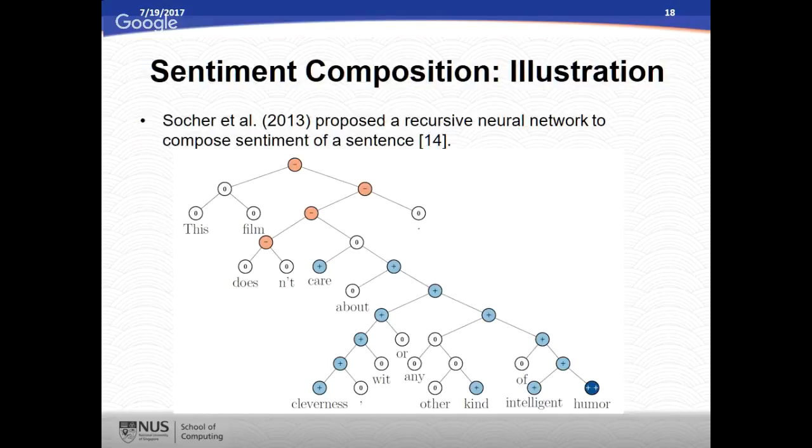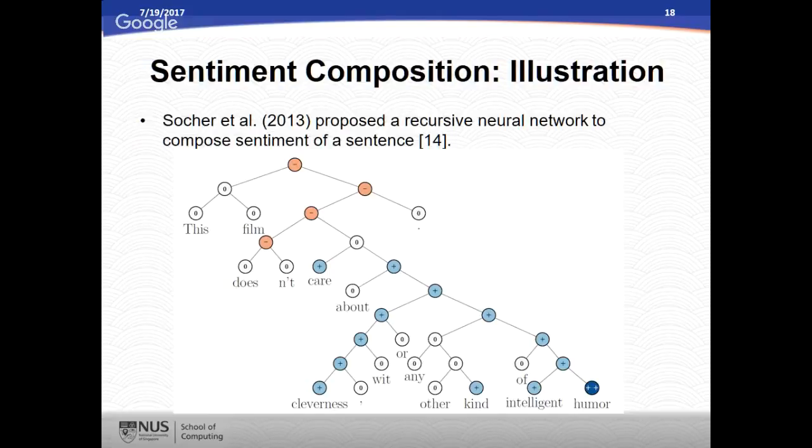Now what it is trying to do is, intelligent humor is always a sign of something good. But in the long run, if you parse the entire tree, it is being preceded by doesn't. So the entire meaning at the root should get negated. That's the idea of this approach. This is better in the case, as Wenqiang mentioned, that if there are negations in your sentence, how do you handle that negation, right?